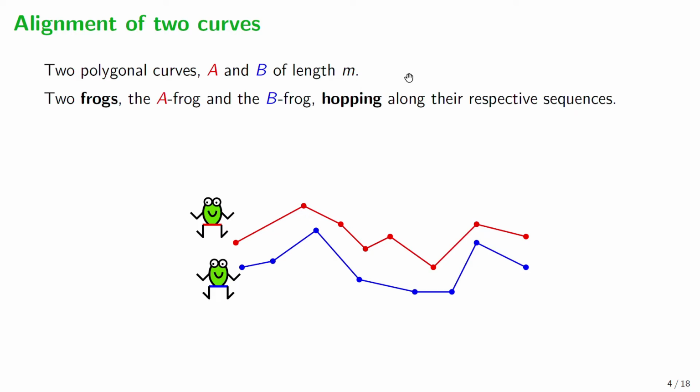The A frog is standing on the first red point, and the B frog is standing on the first blue point. They keep hopping from point to point along their sequence. Each time, either the A frog, the B frog, or both hop exactly one step forward. They continue until they reach the end point of the respective sequences.